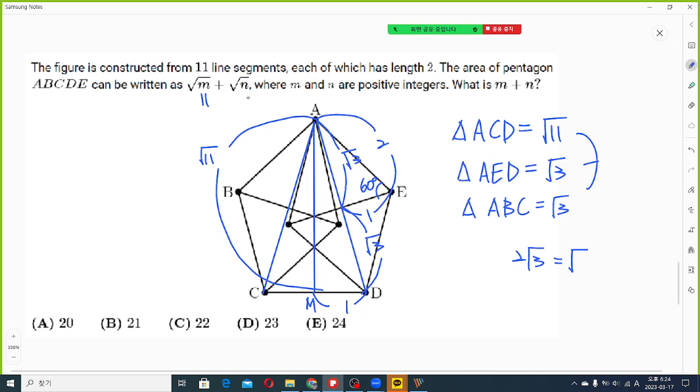So n is 12. So what is the sum of m and n? Square root of 11 plus 12, so 23. Yep.